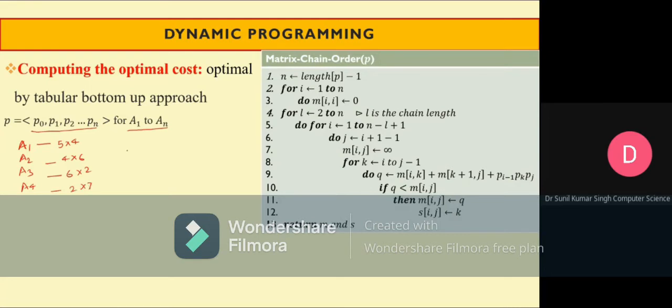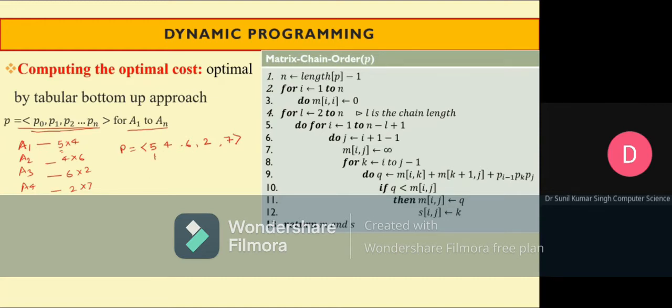So if we are going to constitute this P, P will be something like 5, 4, 6, 2, 7.